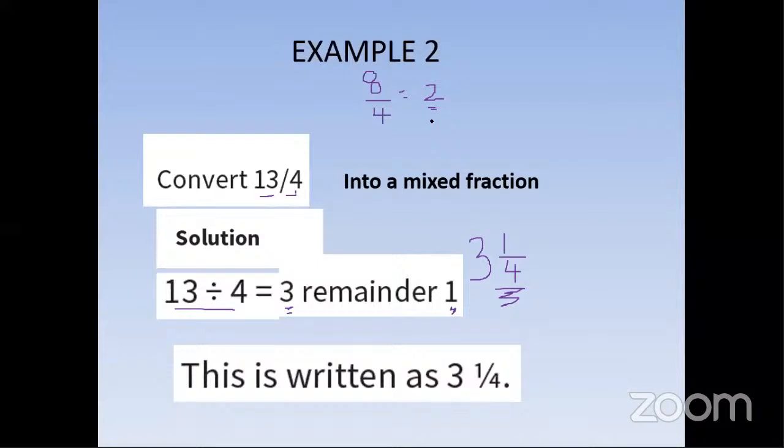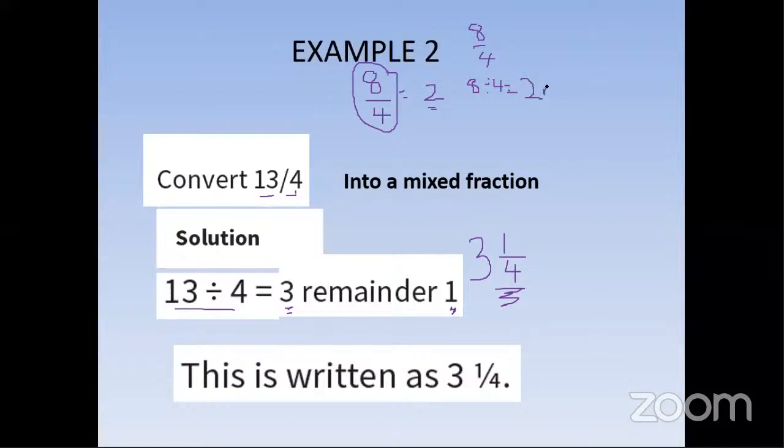Okay, now if you want to turn this into a mixed fraction, let's look at it here together. If you have 8 out of 4, is it possible to turn it into a mixed fraction? So step number 1, we divide the numerator by the denominator. 8 divided by 4, we are getting 2.